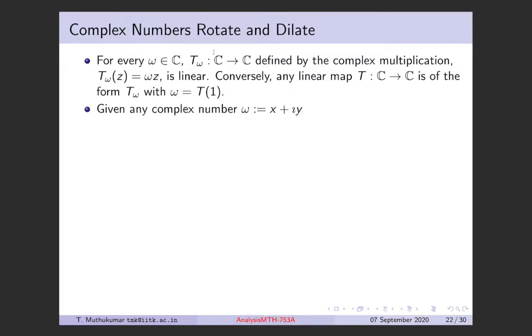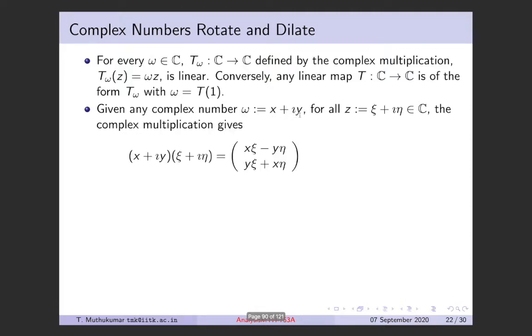Look at this. Take any complex number omega, its real part is x, its imaginary part is y. Take any complex number z, its real part is xi and its imaginary part is eta. So if you multiply omega and z, it is multiplying these two real numbers. You get the real part to be this and you get the imaginary part to be this. I have just written this in the vector form instead of the complex form for a reason that you will notice now.